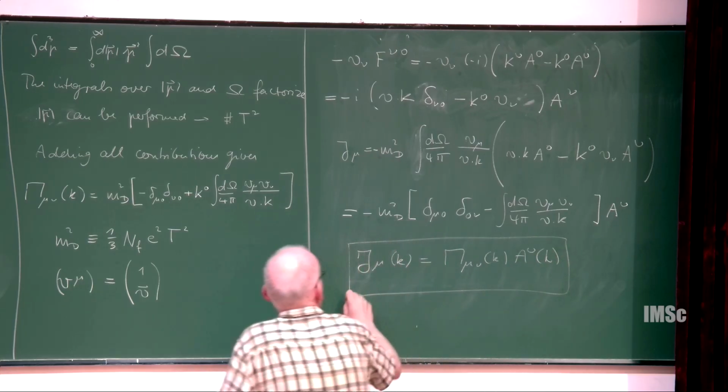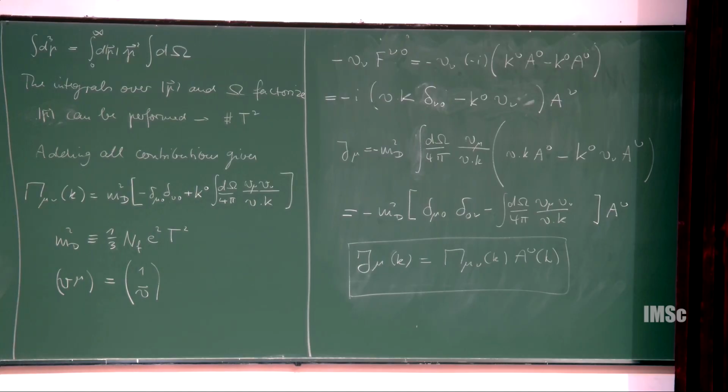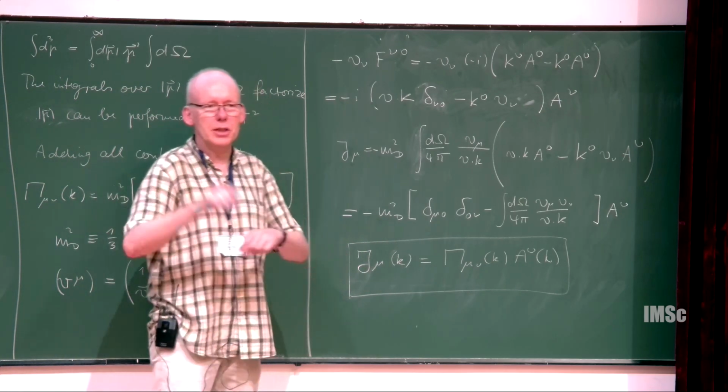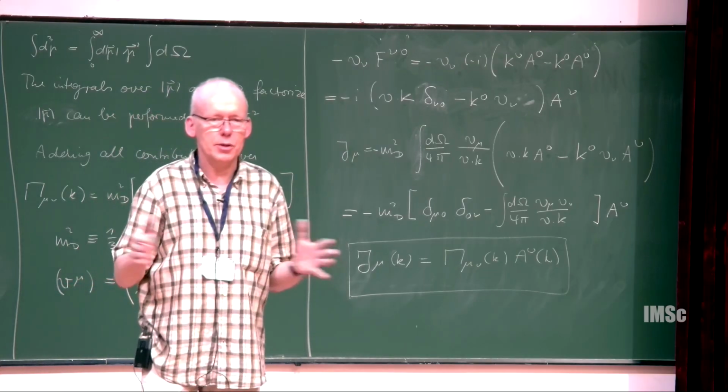So meaning hard thermal loops in a gauge theory are described by classical particles interacting with classical field. The only thing which matters is really that you have massless particles with charges and they interact with the field all in the same way. And the difference between the species just enters the Debye mass. I mean, you have to count the degrees of freedom and the charges and all that and put them together.